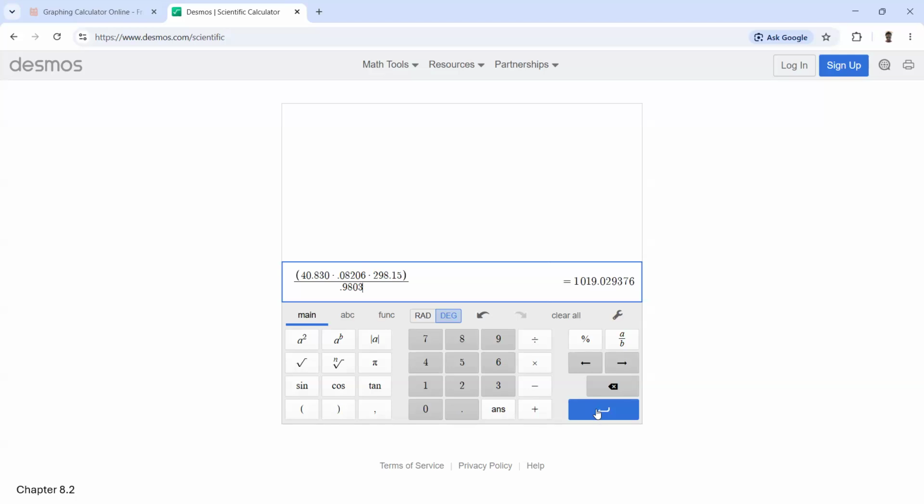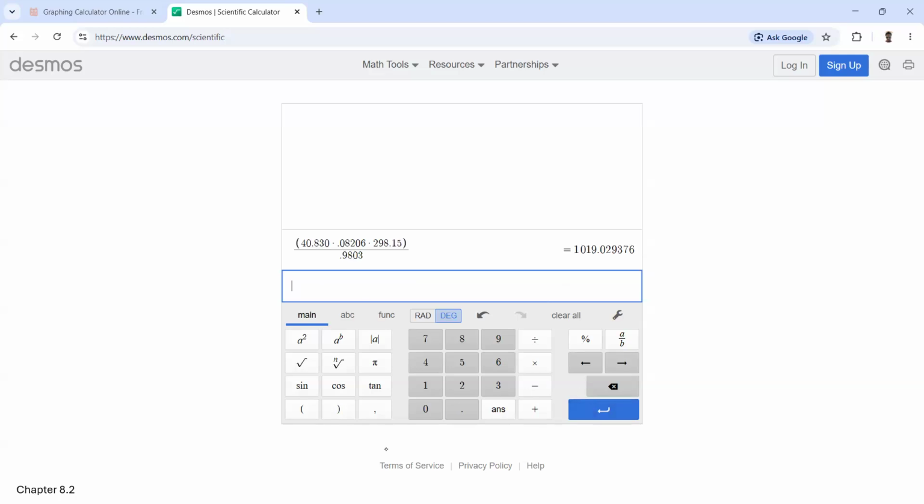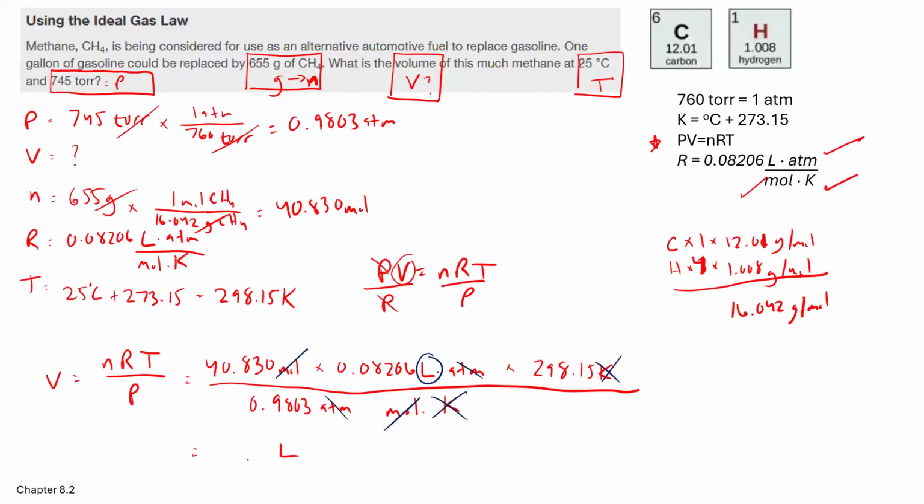So it becomes 1,019. It's a big number. We have, let's see here, 3 sig figs here. We have 4 here, we have 3 here, and then we should have 3 here. So we should have 3 sig figs. It's hard to turn that into 3 sig figs, right?